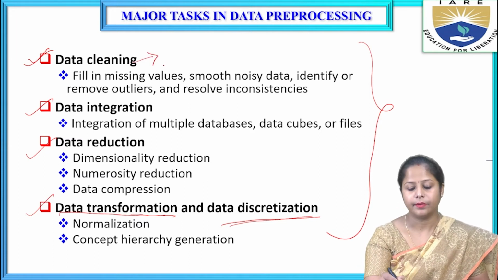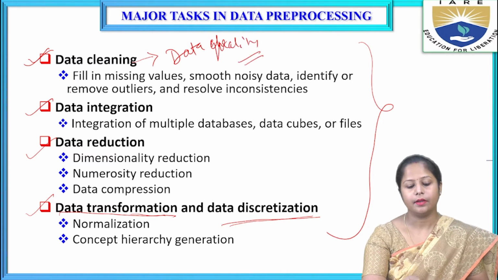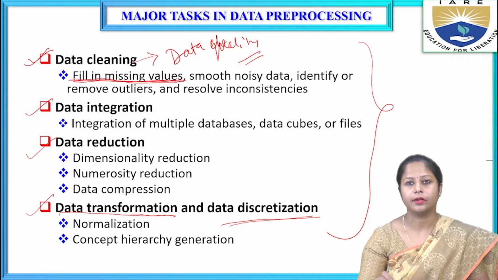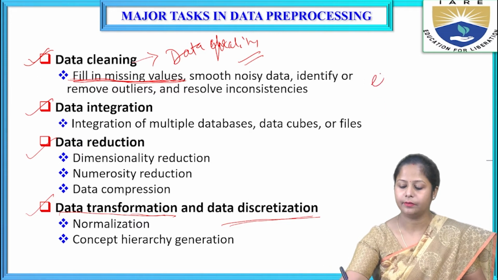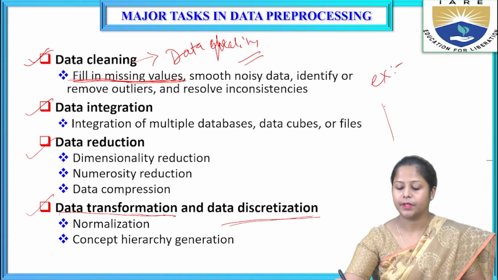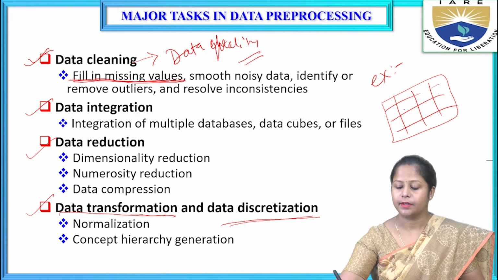Data cleaning. In this part of data quality checking, we will check if the data has missing values or not. Suppose, for example, we have some structured data in the form of a table, and we have some records.